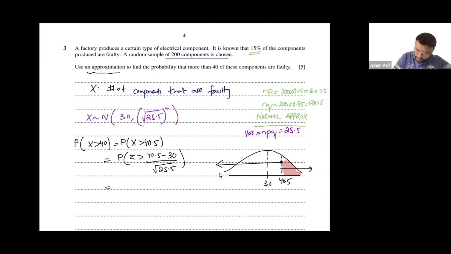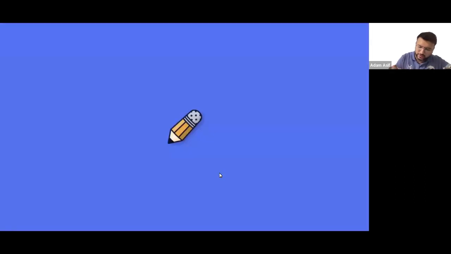The Z value comes out to be 2.079. So now you're going to go back to the table and read the body area at 2.079. Okay. So let's go back to the table and read the data at 2.079.